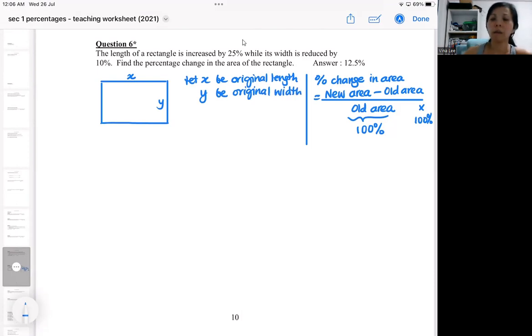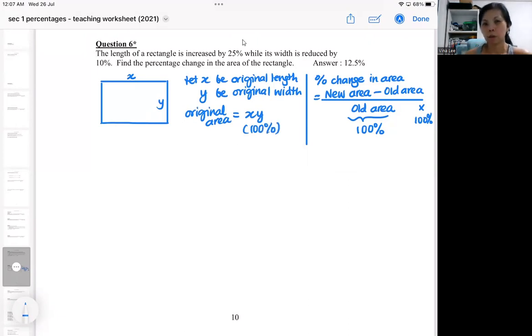With the original length and the original width, I can get the original area. The original area is length times breadth, which is just X times Y. So this X times Y is the 100% that we are comparing with.